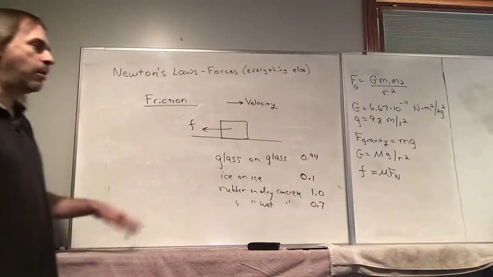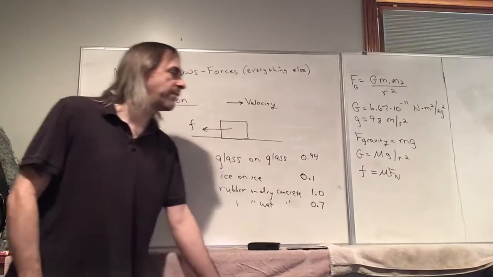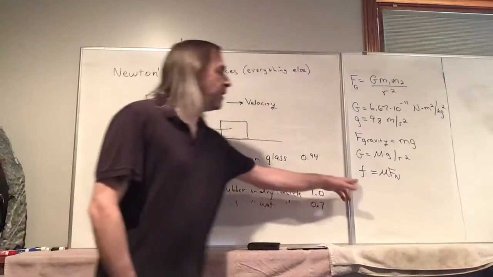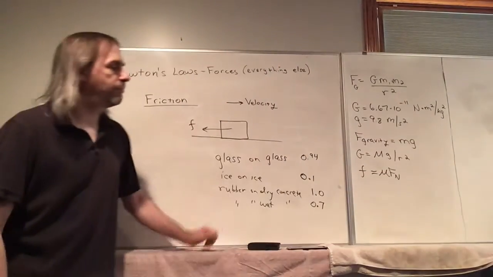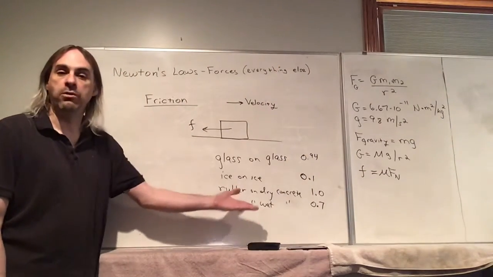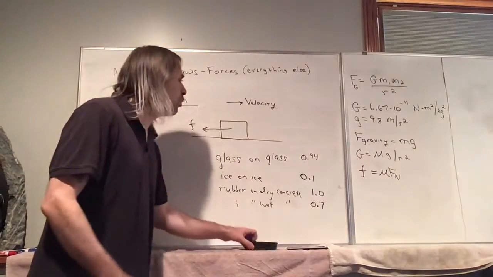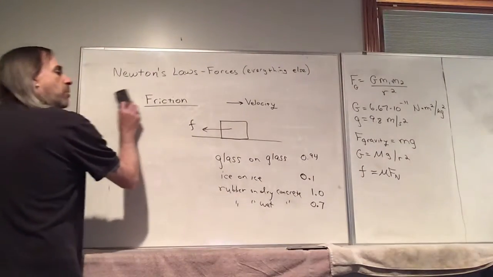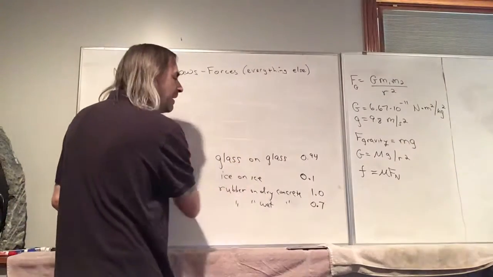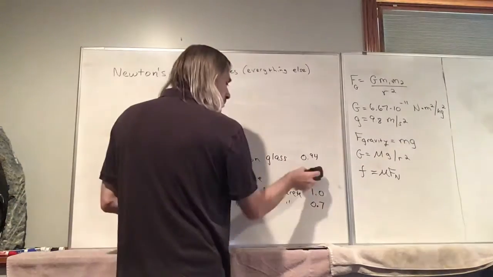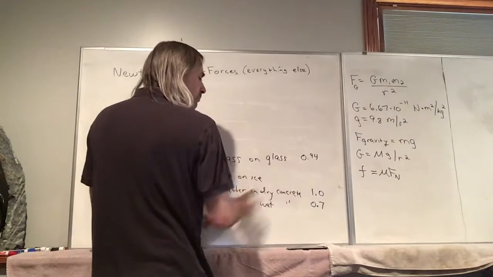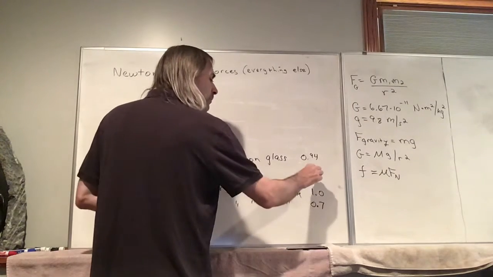So right now, it looks like this friction force is a very simple thing. F equals mu Fn. And you just look up mu in a table and you're done. But we have to be a little bit careful because it's not quite as simple as it seems. For one thing, there's more to this table than I've shown you.